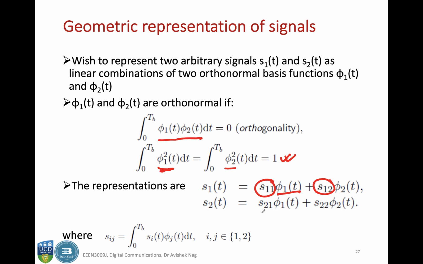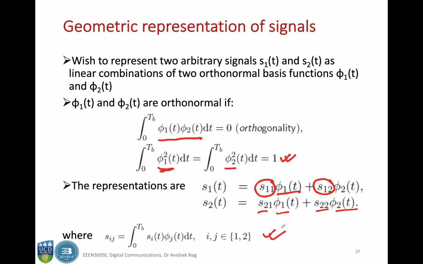Similarly, you can represent s2 as s21 times phi1(t) plus s22 times phi2(t), and then you can obtain s11, s12, s21, s22 as follows.